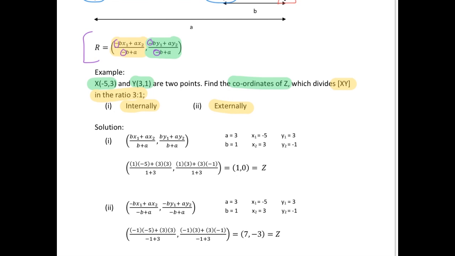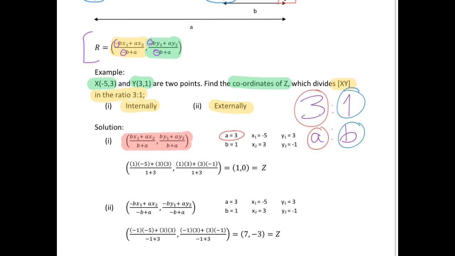So for the first part, we write down our formula for the internal ratio, and all we have to do is work out what our a, b, x1, x2, y1 and y2 are. In this case, our ratio is 3 to 1. So that ratio is our a to b ratio. So our a, therefore, is 3, and our b is 1.